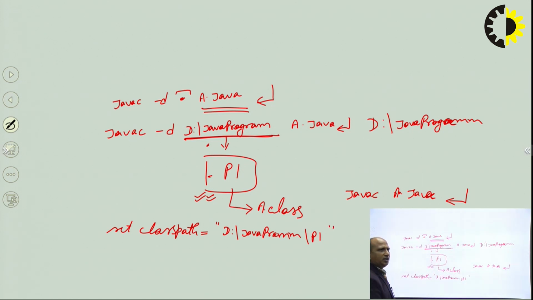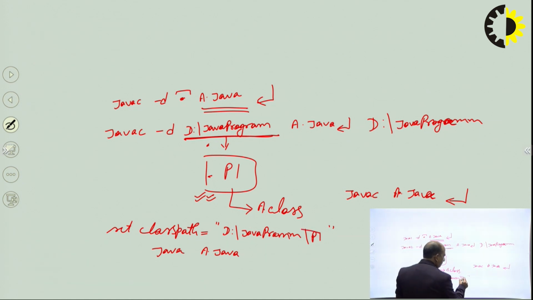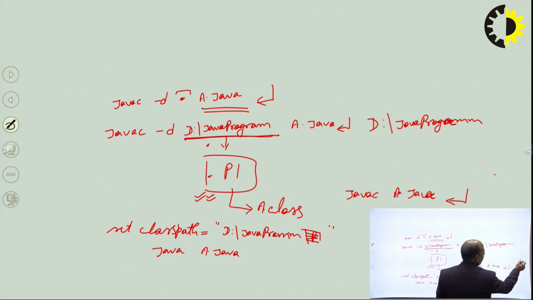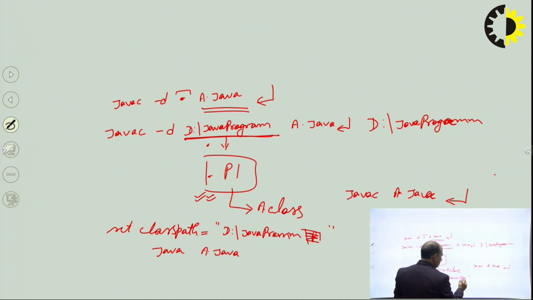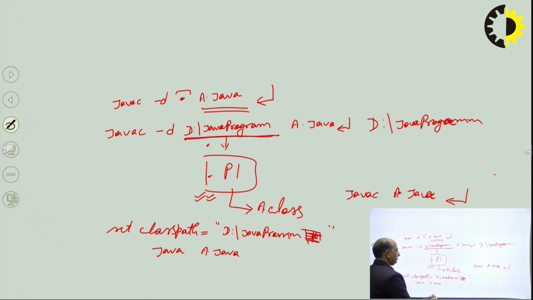Set this class path, and after that, once you want to execute the code, write java space a. And if you have not mentioned the path up to P1, if you have just mentioned the path up to Java program only, in that situation the command to execute is java space P1.a.